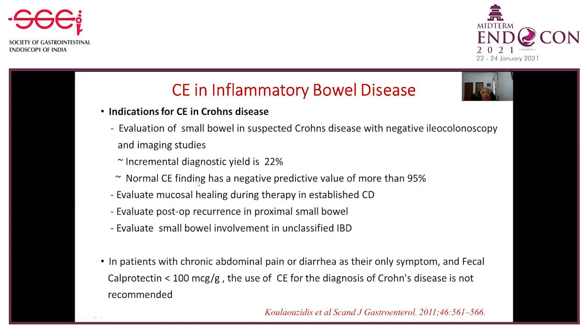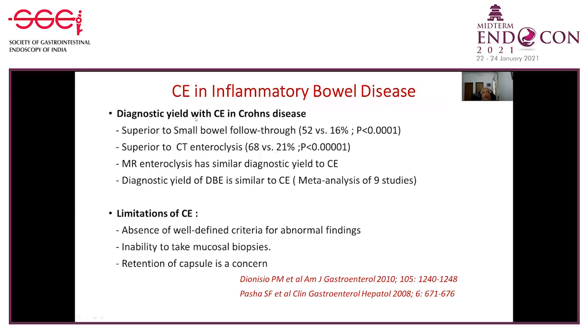If the capsule endoscopy is normal in this setting, it has a high negative predictive value of 95%, which suggests that if you have a normal CE in suspected Crohn's disease, then it is very unlikely that the patient has Crohn's disease. It is also used to evaluate mucosal healing during therapy, post-operative recurrence, and also to evaluate the small bowel in unclassified IBD.